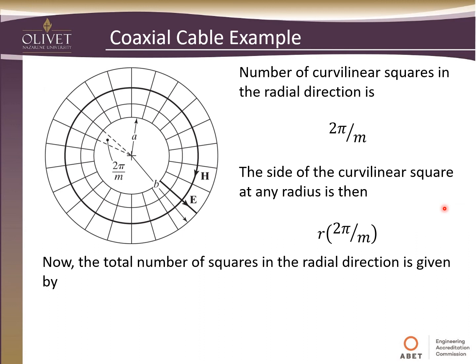So that being the case, the total number of squares in the radial direction then is given as the integral from r equal to a to b, which is the outside radius, of m over 2 pi, so we know how many cuts we've got all the way around, dr over r. Okay, so when we integrate that and plug all the values in, we come up with the result of m over 2 pi natural log of b over a. This is true for any coaxial cable.